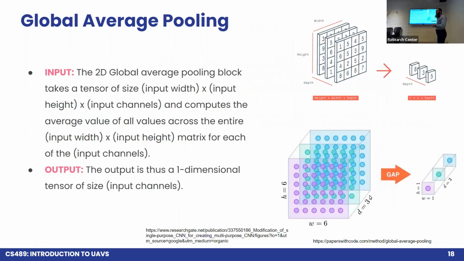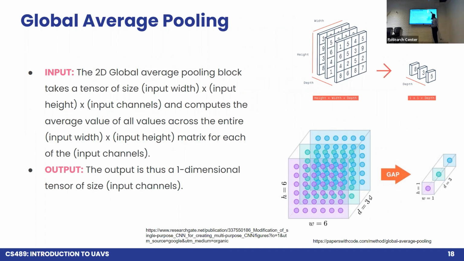So let me explain global average pooling, because it's a bit different from the average pooling that we know. Given an image like this, let's say an RGB image, global average pooling is going to reduce the size. Basically, the objective of every pooling is size reduction, to extract only important information.